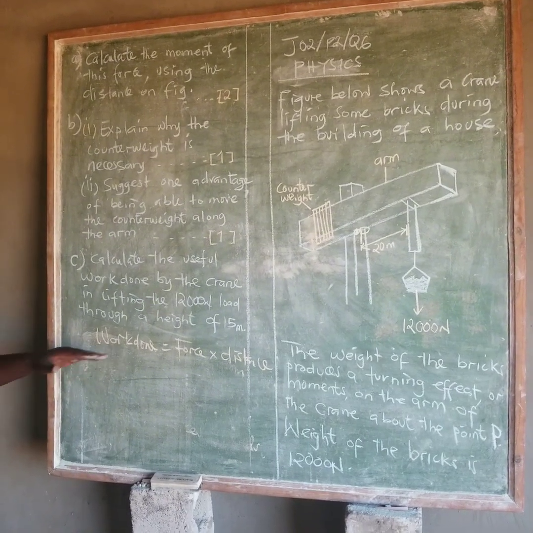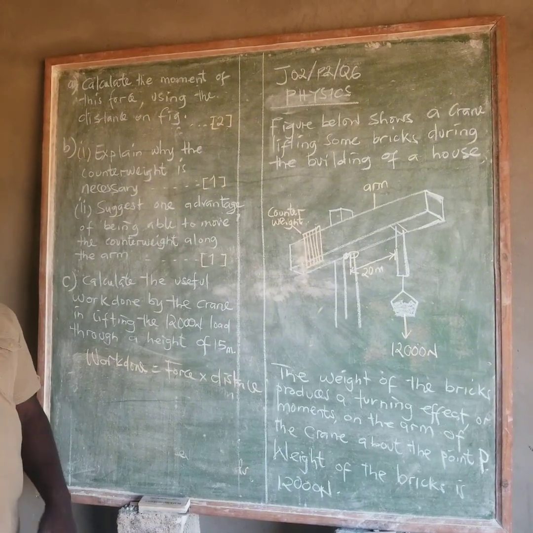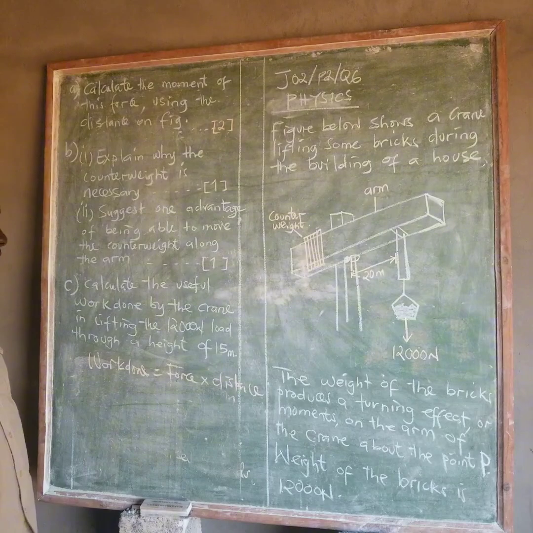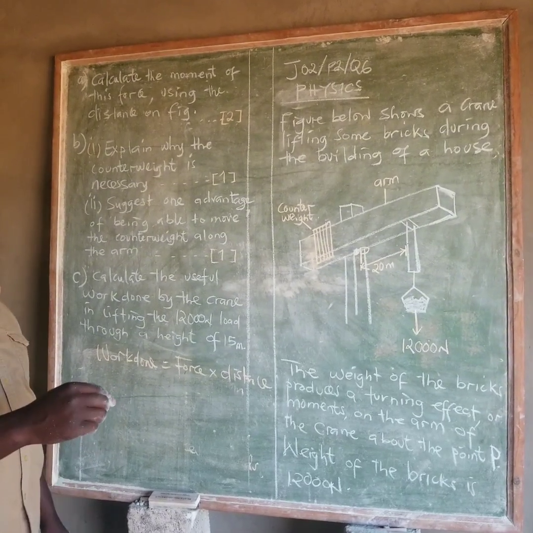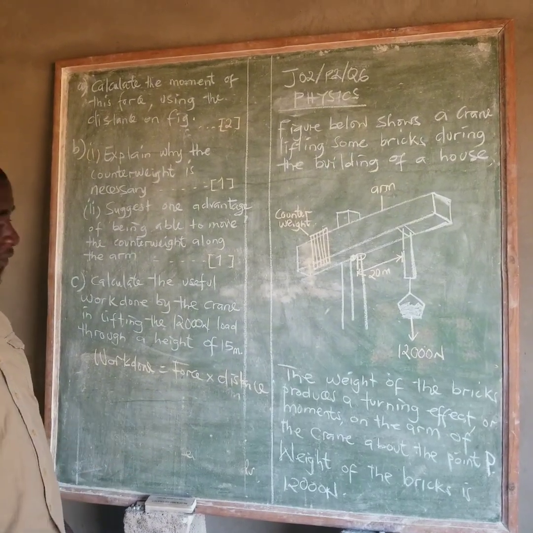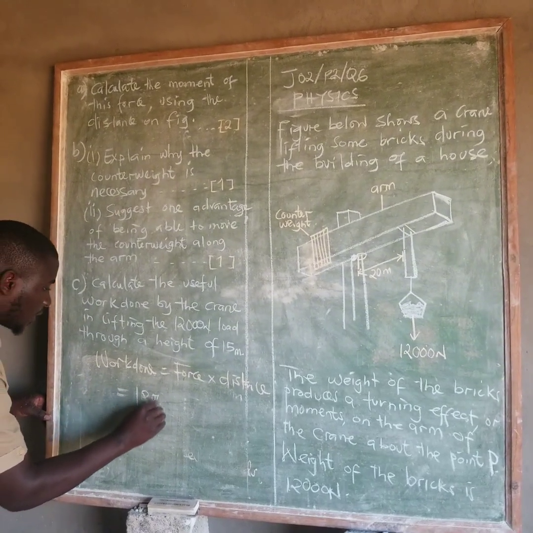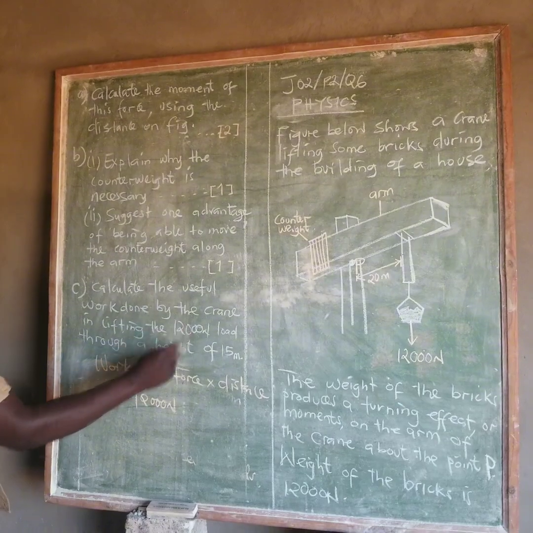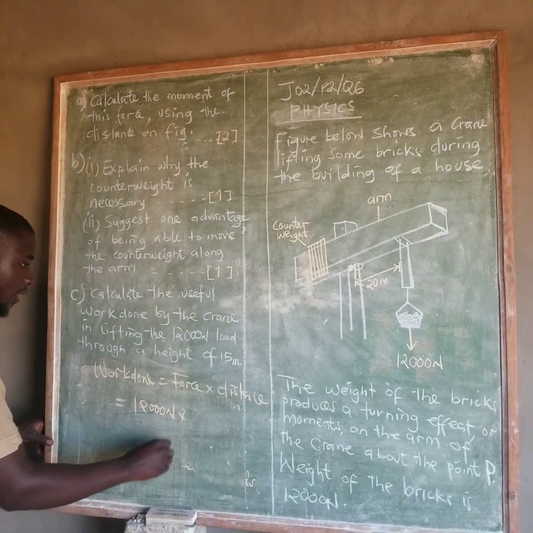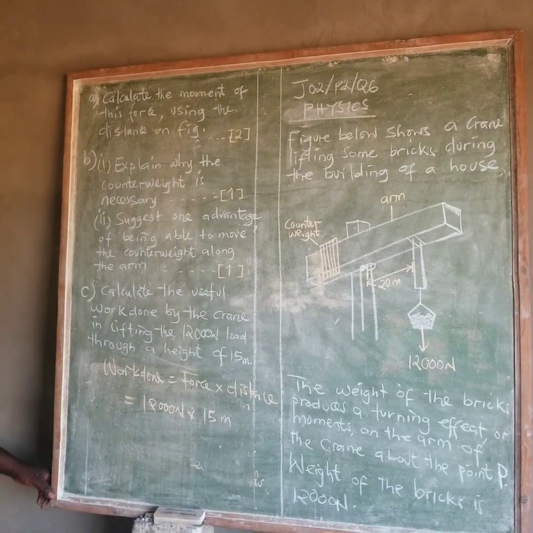So work done is different from moments in the sense that moments are force times the perpendicular distance. Work done is force times the distance moved by the force. So this is going to be 12,000 newtons, which is the force maintained, multiplied by 15 meters.